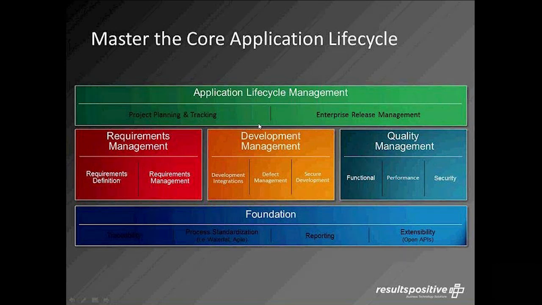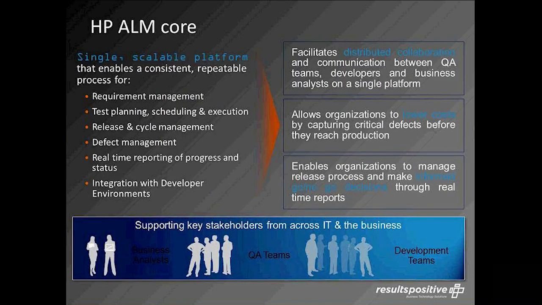So now we can do project planning and tracking. Whether you're agile or traditional, the nice thing about HP is we're agnostic and we can accommodate both. And then at the bottom, we can start to standardize on our process and generate reports so you understand your progress and the quality that you're delivering.